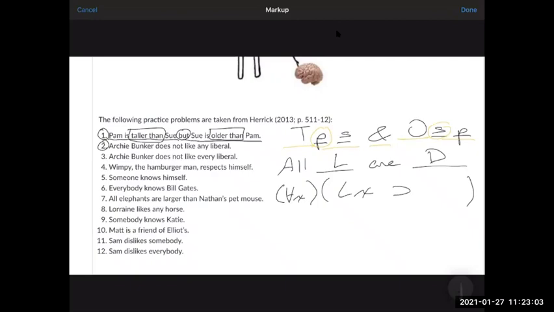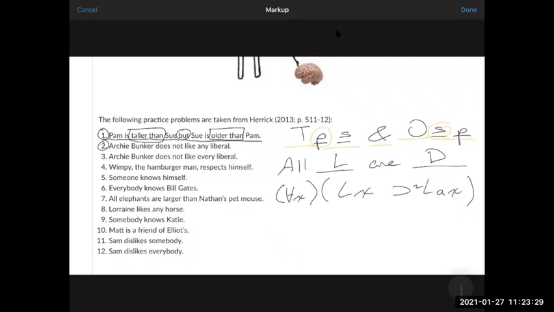On the second part, we want to say that Archie Bunker does not like x, the liberal, right? So we have to first give Archie Bunker a symbol. So let's use lowercase a because it is a proper name, first name. Actually, I guess the whole name. And doesn't like x.